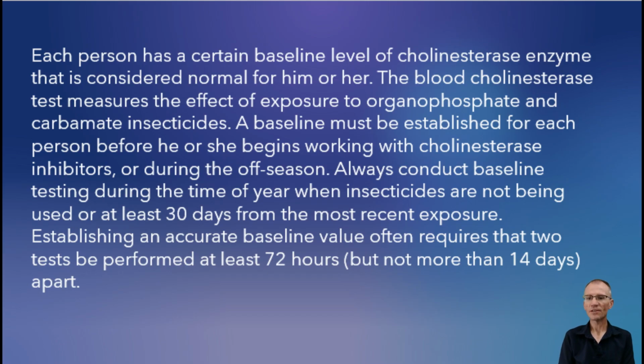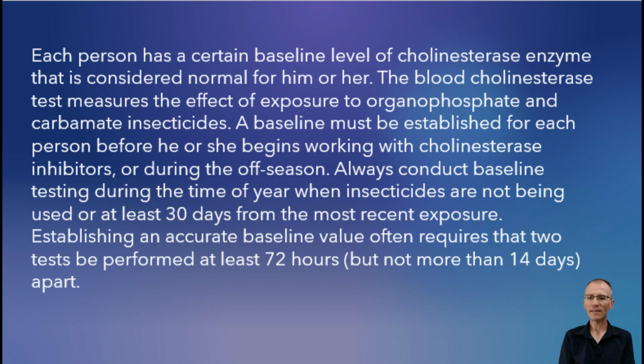Each person has a certain baseline level of cholinesterase enzyme that is considered normal for him or her. The blood cholinesterase test measures the effect of exposure to organophosphate and carbamate insecticides. A baseline must be established for each person before he or she begins working with cholinesterase inhibitors or during the off-season.